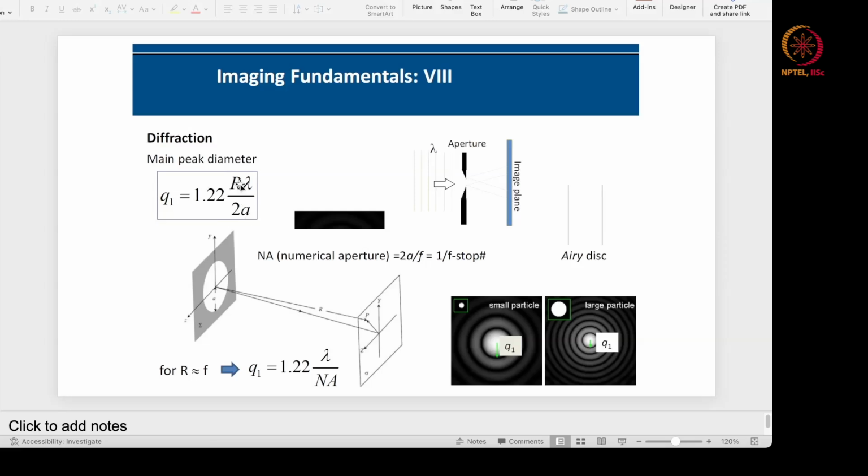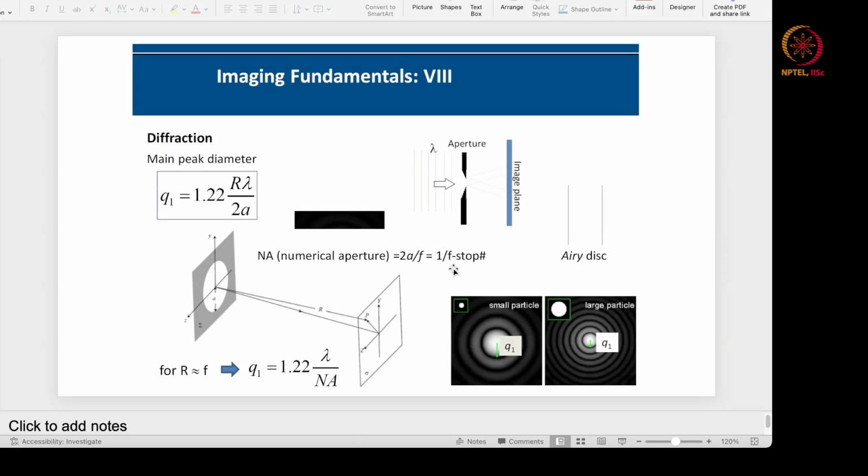So what is r lambda divided by 2a? If you look at it very carefully, if r is equal to the focal length, then this becomes lambda by the numerical aperture, where the numerical aperture is 2a by f, or 1 over the f number.